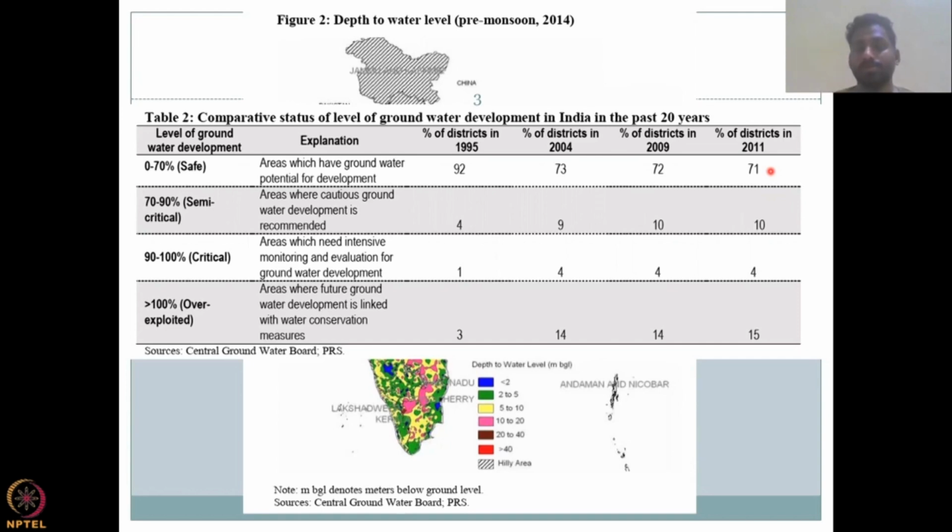The problem is most of them are ending up in overexploited. The overexploited is going up. That is a very big concern, because not only are you depleting the groundwater aquifer as critical and semi-critical, but you are overexploiting it. So that needs serious interventions and thought to conserve groundwater better.